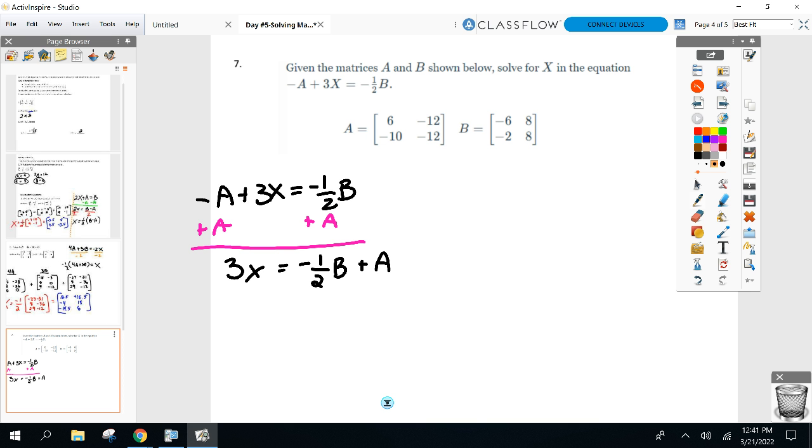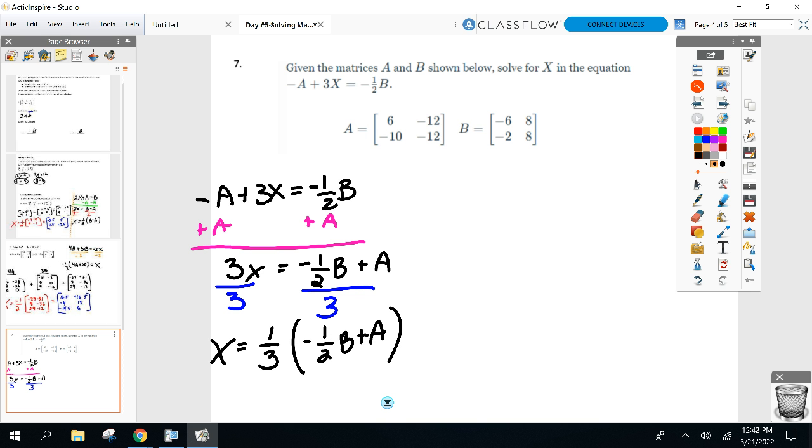Next. Okay, divide by 3. When I rewrite it, though, you're going to see me multiply the entire thing by 1/3. And again, you want to distribute? Go, distribute. All right, I'm not going to stop you there. You can distribute and still get the same answer.